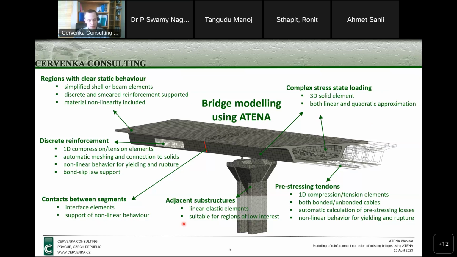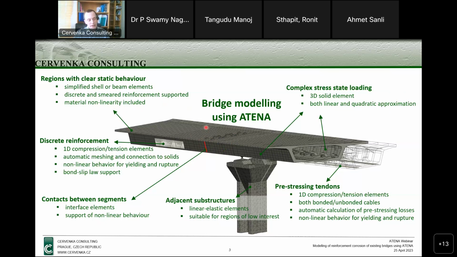Furthermore, for the substructure, which is in this case not the main interest of the analysis, we can use linear elastic elements. If we have a segmental bridge like this and want to simulate the potential slip between the segments, there are contact elements, or interface elements, if you want.